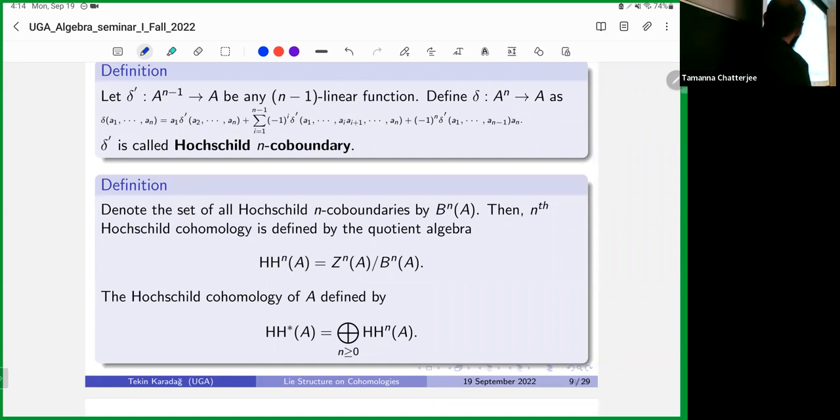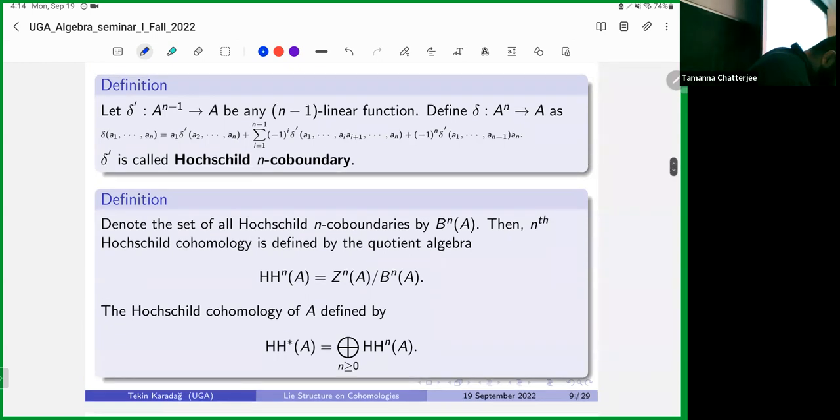I hope you see that with that formula, if any delta satisfies that formula, then we call delta a Hochschild n-coboundary. And the set of all Hochschild n-coboundaries is denoted by B^n(A).